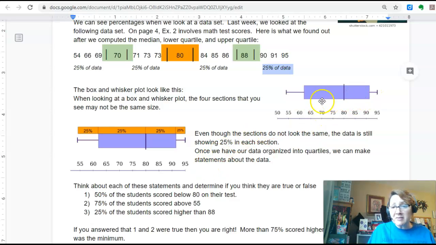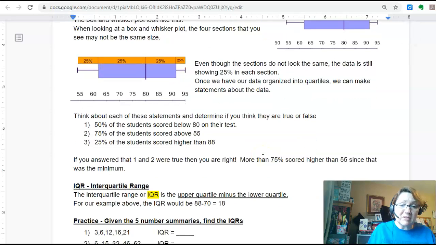So if we have a box and whisker plot that looks like this, even though the sections don't look like they're the same size, and this kind of makes people a little crazy sometimes, this is 25%, this is 25%, this is 25%, and that's 25%, even though they don't look like they're the same size.